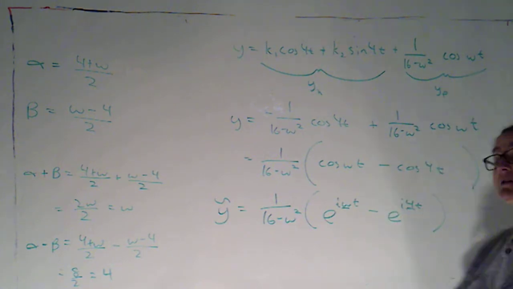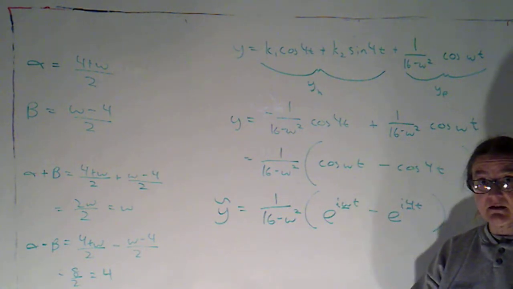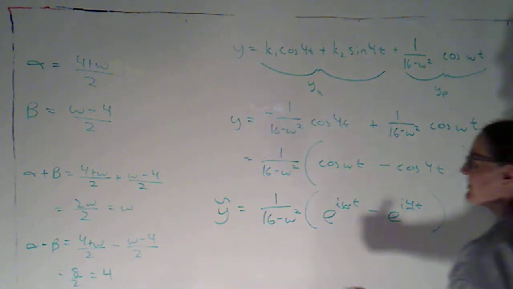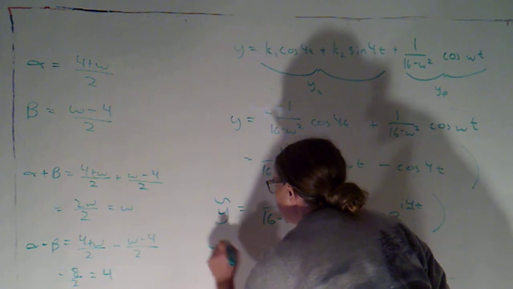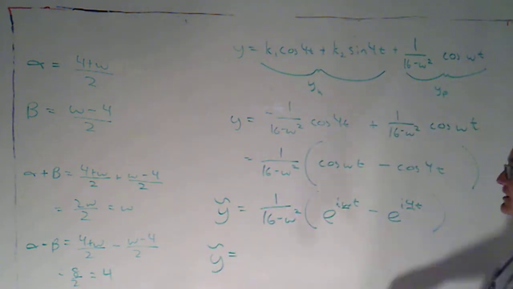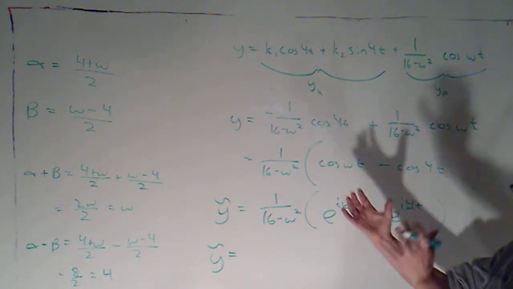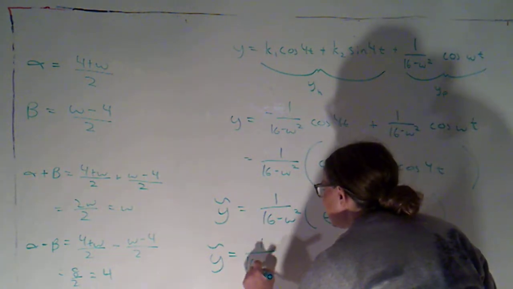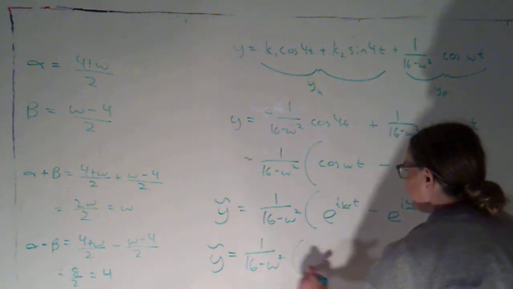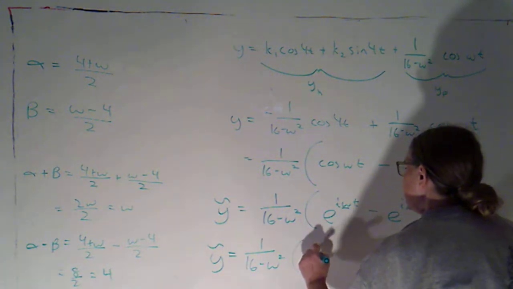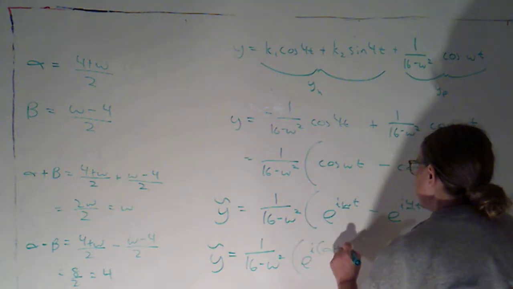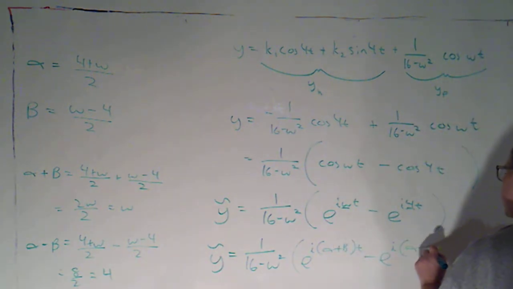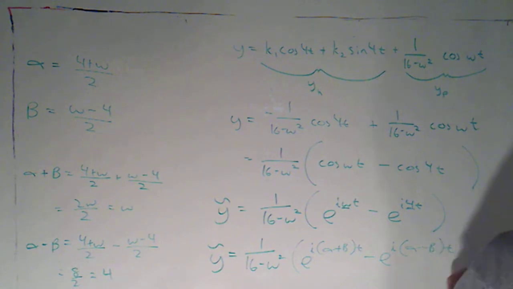Your job right now is not to understand why I want to do that, but merely to see that, yes, that could be done. Okay, so y tilde, my complex solution, the real solution that I have is just the real part of 1 over 16 minus omega squared times e to the I times alpha plus beta times t minus e to the I times alpha minus beta times t.